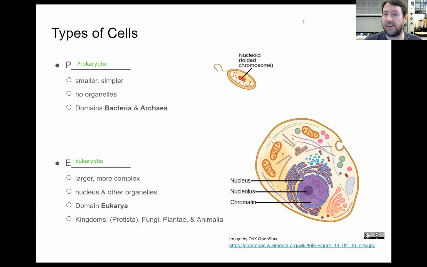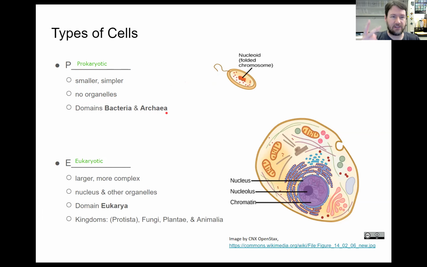Okay, so the prokaryotic cells are smaller and simpler. Prokaryotic cells do not have any organelles, so there's no nucleus, and there's no other compartments within that cell. So these are small and simple cells, and essentially they are the bacteria and the archaea.